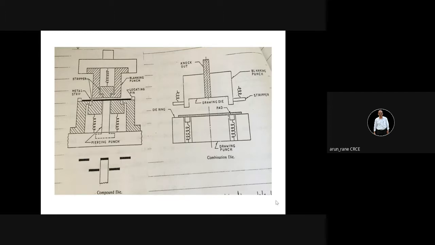So please have a close look at the die. Try to understand the various components.